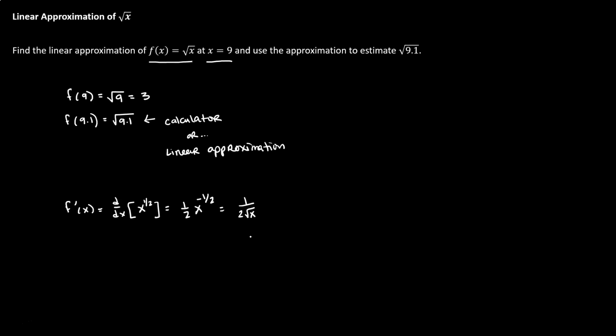And since we're calculating the tangent line at x equals 9, we're going to plug that into our derivative. So this is the slope of our tangent line at x equals 9.